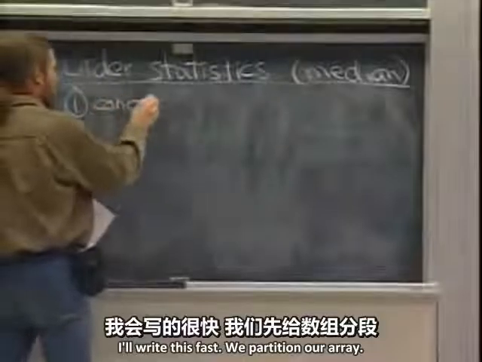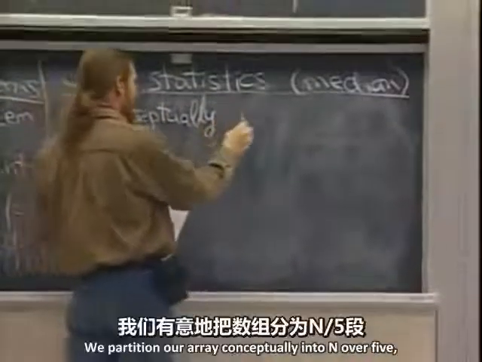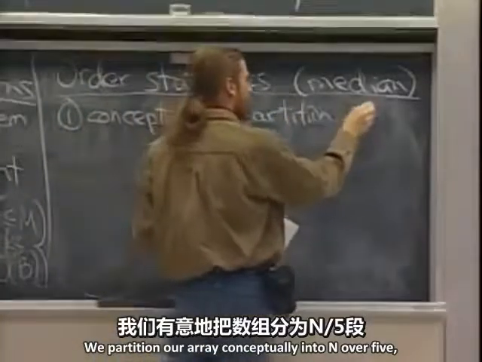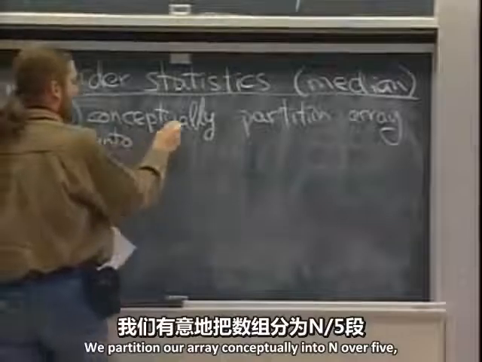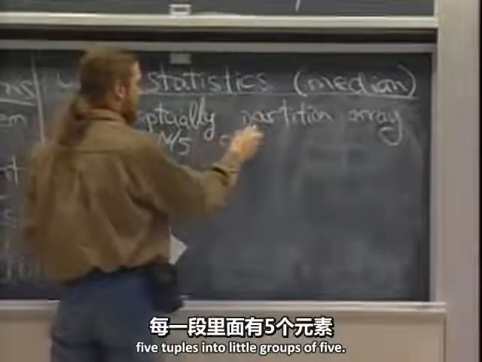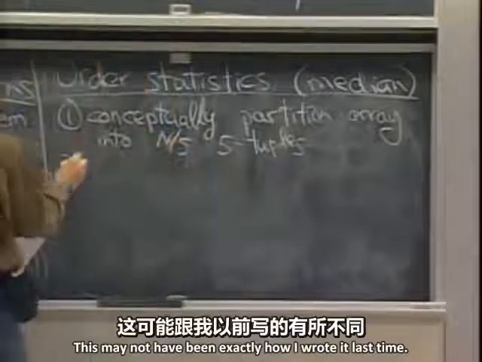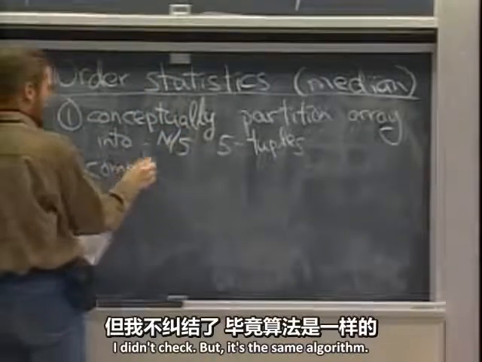I'll write this fast. We partition our array. Turns out this is a good algorithm as it is. We partition our array conceptually into n over 5 tuples, into little groups of 5. This may not have been exactly how I wrote it last time. I didn't check, but it's the same algorithm.